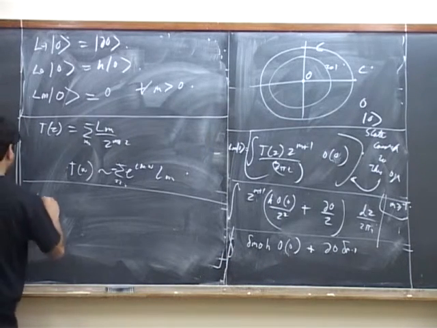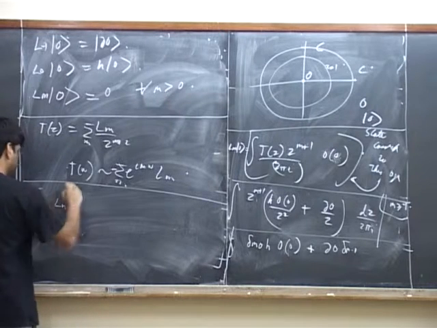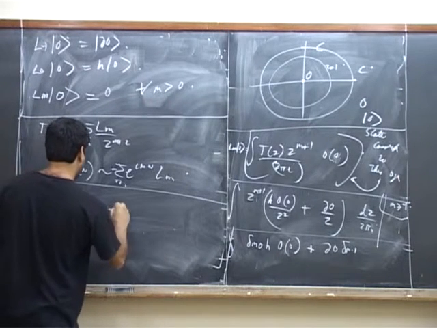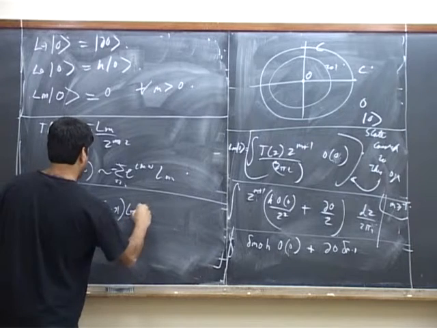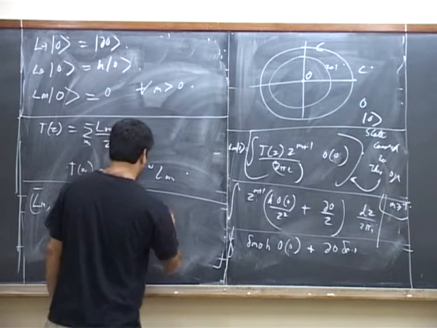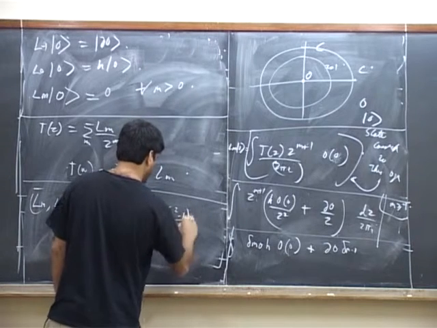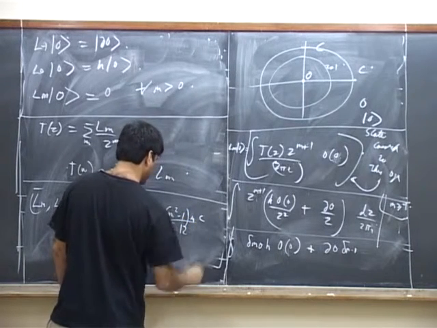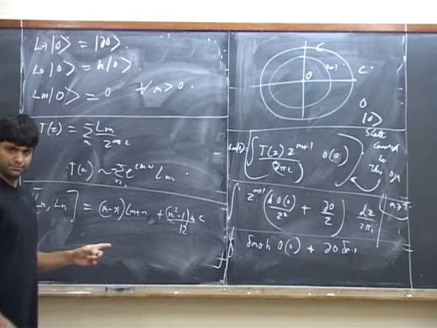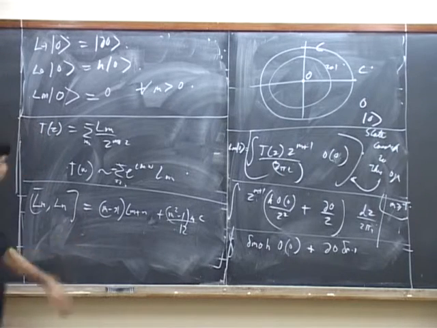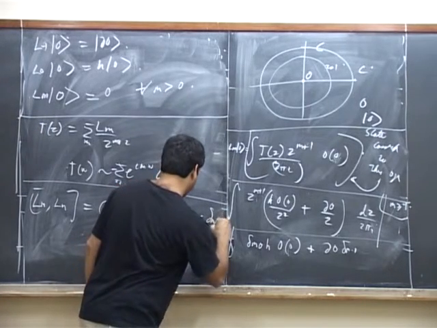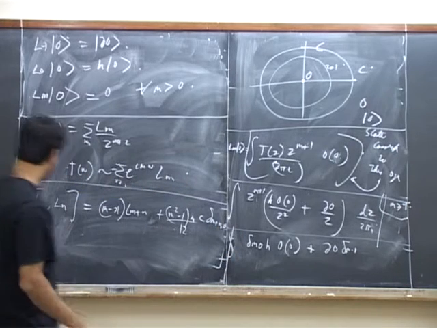We got the commutation relations: [Lm, Ln] is equal to (m minus n) L(m+n) plus (m cubed minus m) times c by 12 times delta m plus n, 0.